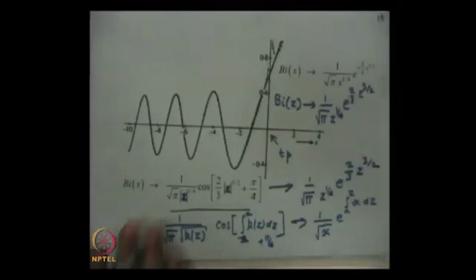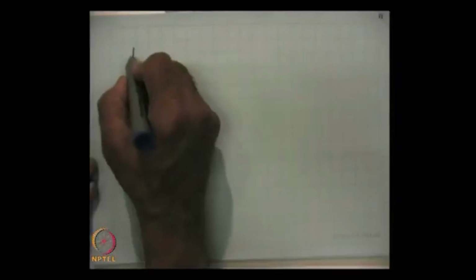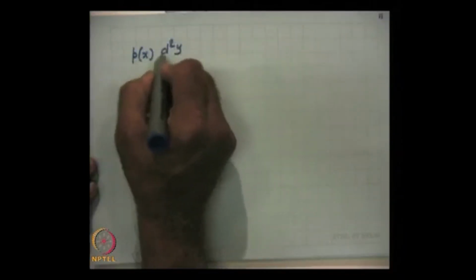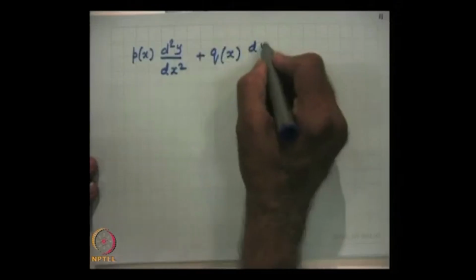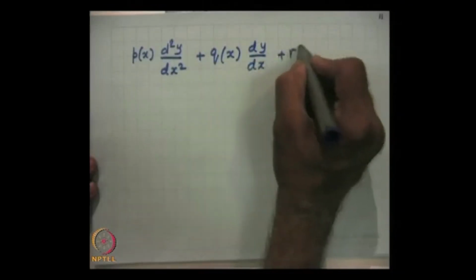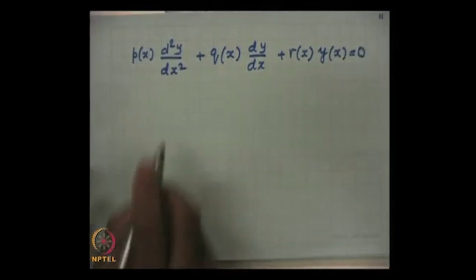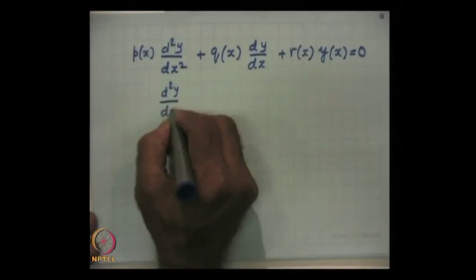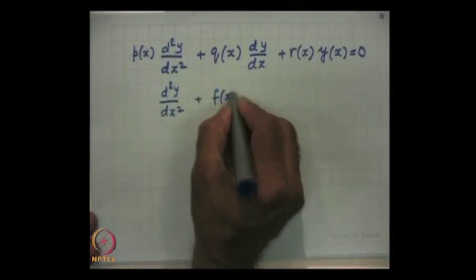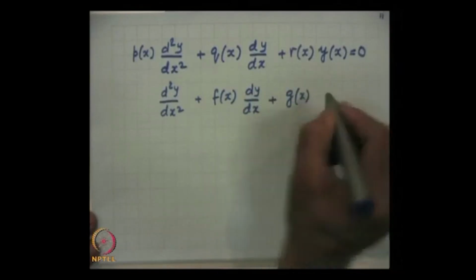We finally end up by saying that a general differential equation of the type p of x d2y by dx square plus q of x dy by dx plus r of x y of x equal to 0, I can always write this in the form of d2y by dx square plus f of x dy by dx plus g of x y of x equal to 0.